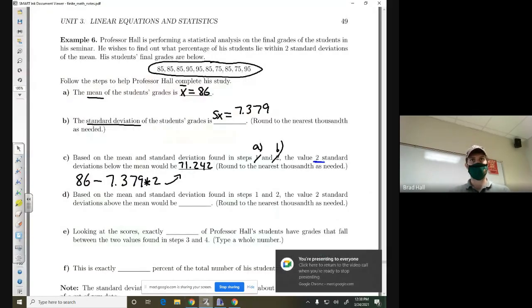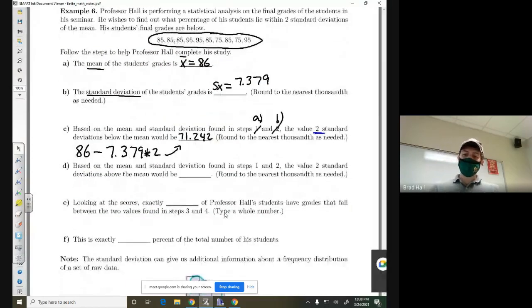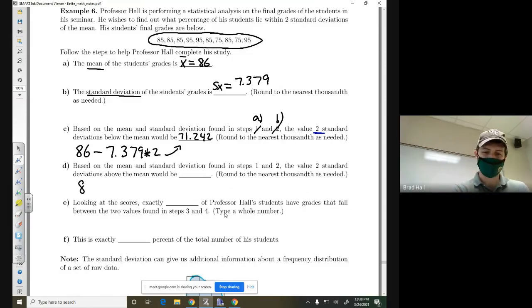So far so good. And then in part D, they want 2 standard deviations above the mean. Very similar process. We just use a plus sign instead of a minus sign, because we want to go above the mean. So we're adding, but still 2 standard deviations.